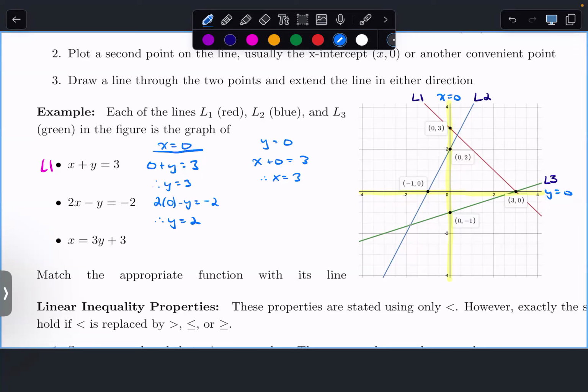Oh, this line here is L3. And L3, when x is 0, y is -1. But we found when x is 0, y is 3. So it has to be this one, taking both points into account. Right? If we had only done this, then yeah, it could be L1 or L3. But because we also know the first point, at x equals 0, then it has to be L1.